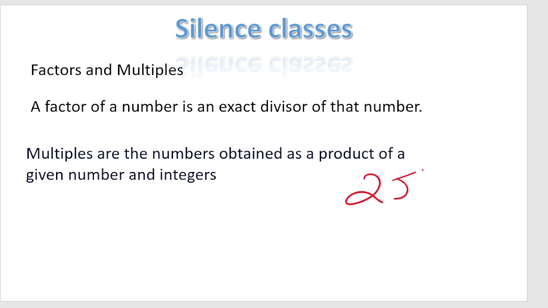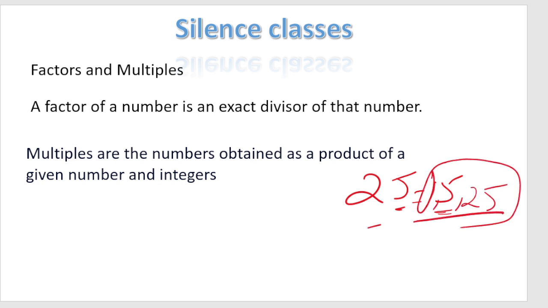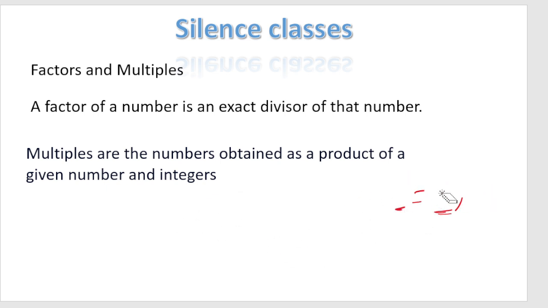Like 25: if we find the factors of 25, 5 5s are 25. 1, 5 and 25 itself, these are the three factors of 25. We cannot divide it by 6, by 8, or even by 10, so these are not factors of 25.